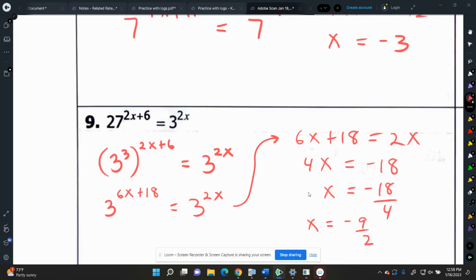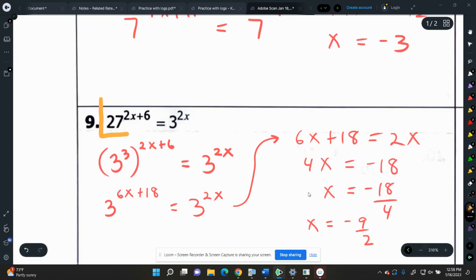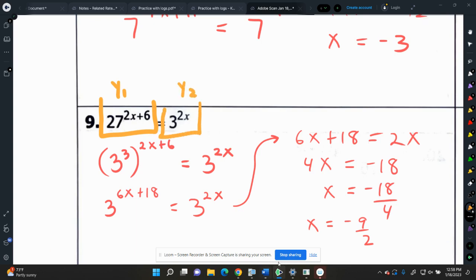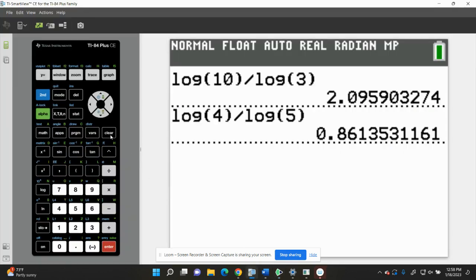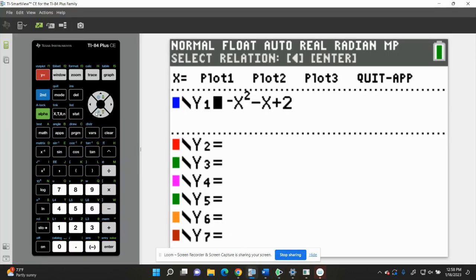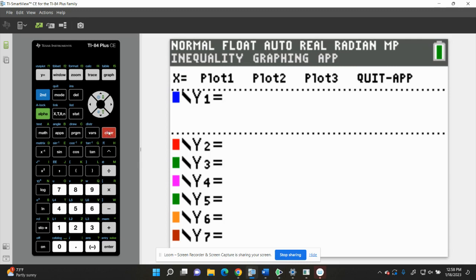Okay. Is there any way I can check this? I could plug it in, or we can use our calculator, we can graph it, right? So we can put this in as y1, and we can put this in as y2, and calculate the intersection. So let's do that. Just because we want to, and it's fun, because math is fun.